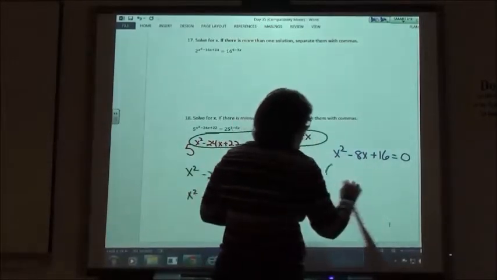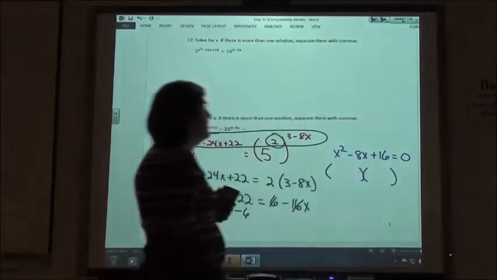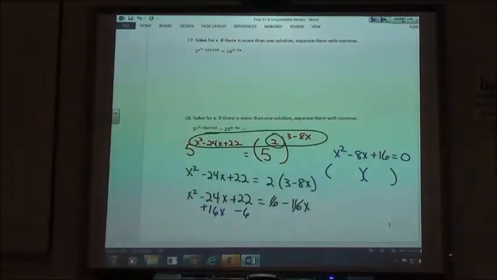So it's going to be x squared minus 8x plus 16 equals 0. And then we're going to solve it by factoring.